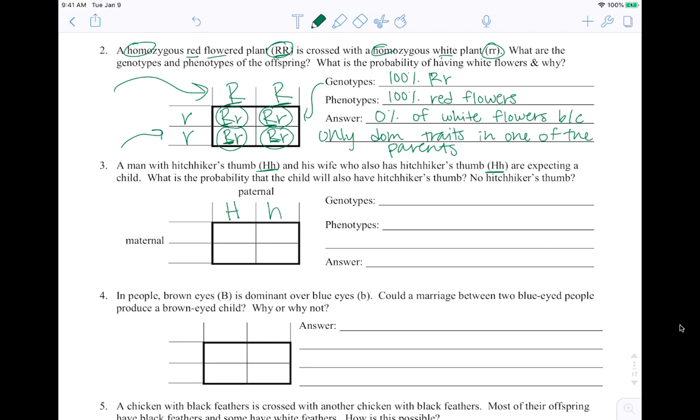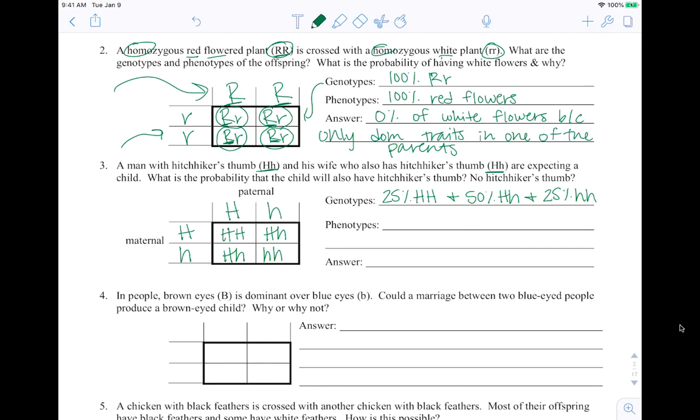Those are your possibilities. For genotypes, make sure that you put all of the possibilities, and make sure that the line adds up to 100.